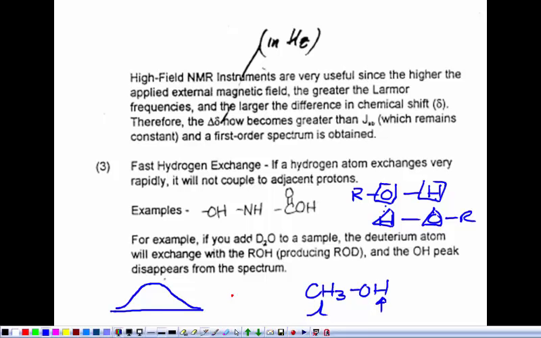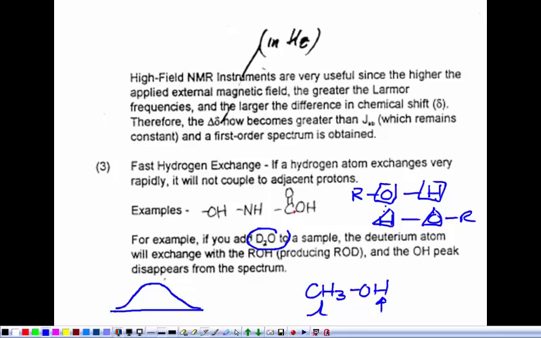Deuterium, because it's a different nucleus, flips in the 40-ish megahertz region. Well, my instrument is tuned, so it's pulsing 300 megahertz, and the receiver is collecting 300 megahertz, so anything else that's not 300 megahertz just doesn't show up.